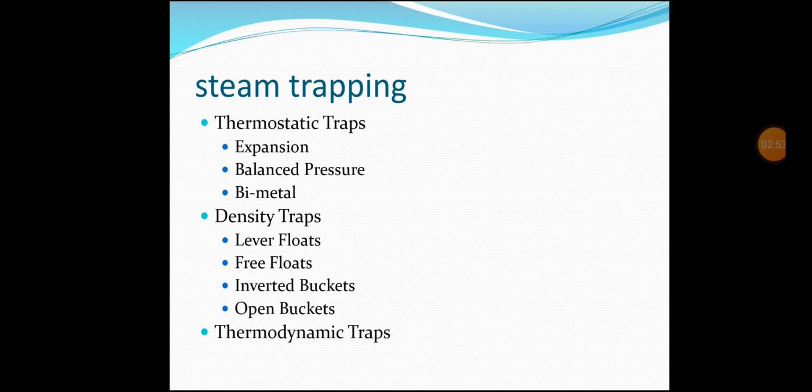So there are basically two categories of thermodynamic traps that work on the velocity principle, that is thermodynamic disk and thermodynamic piston. Thermodynamic disk traps contain a disk which reacts to difference in velocity of condensate.